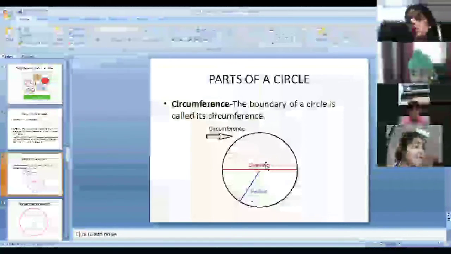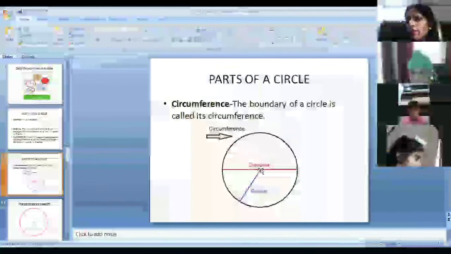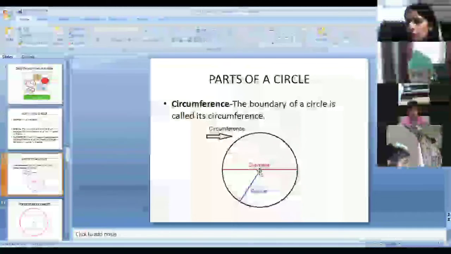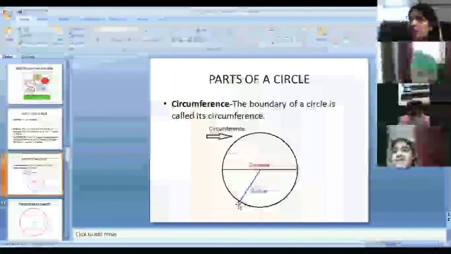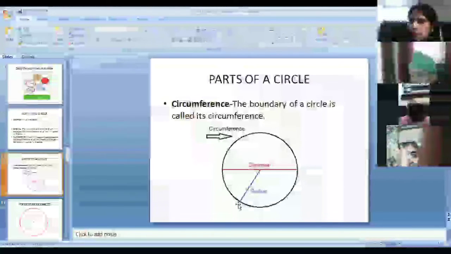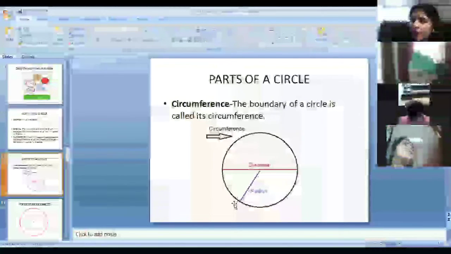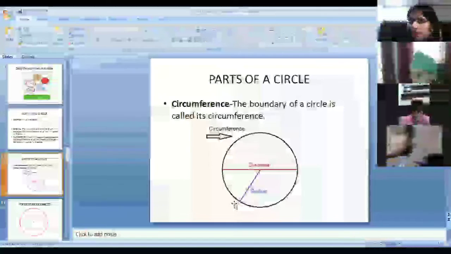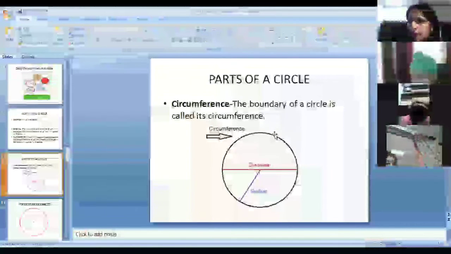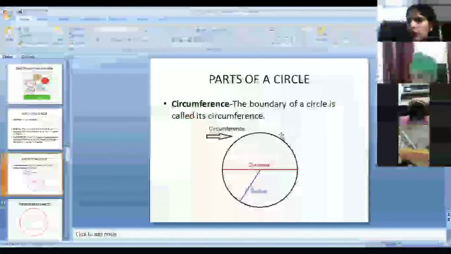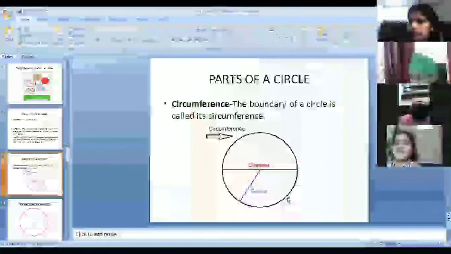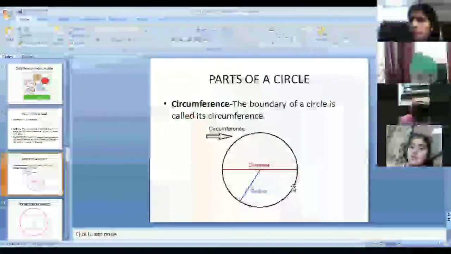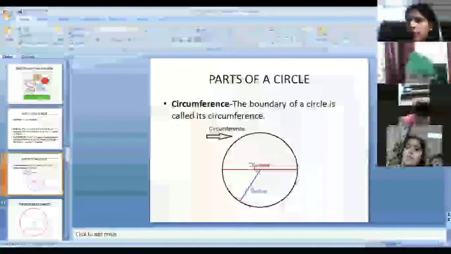So the line joining the center of the circle, this center, to any point on the circumference is known as the radius of a circle. The point can be here, it can be here, anywhere on this circumference or on the boundary. Now what do we mean by diameter?